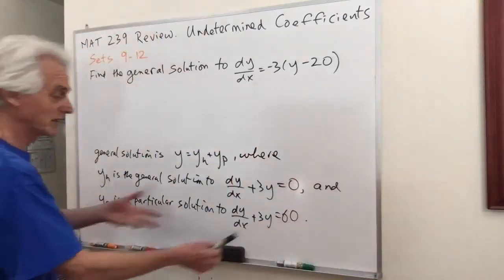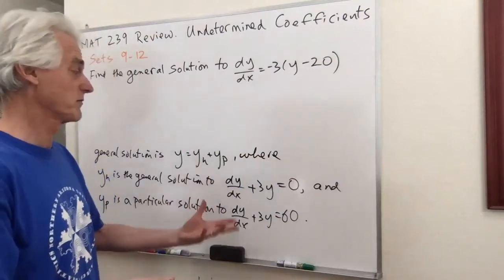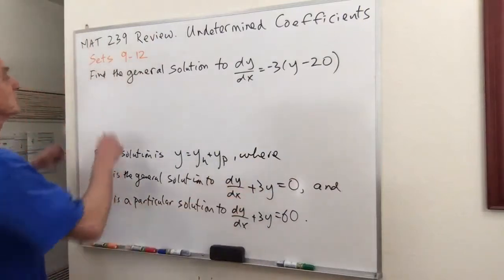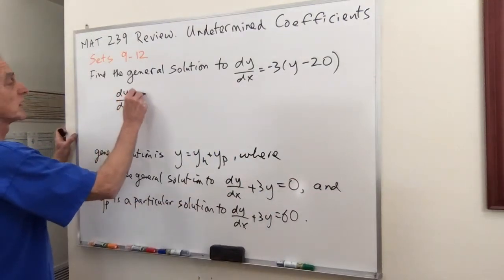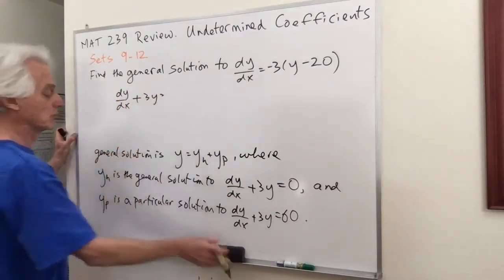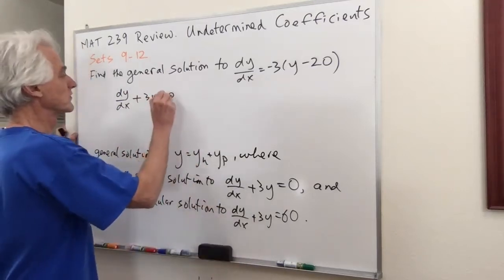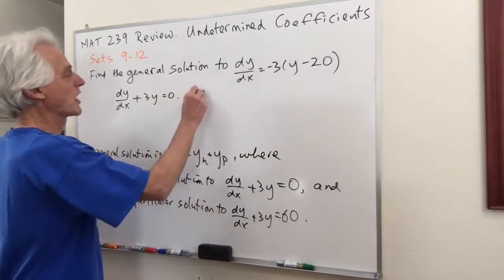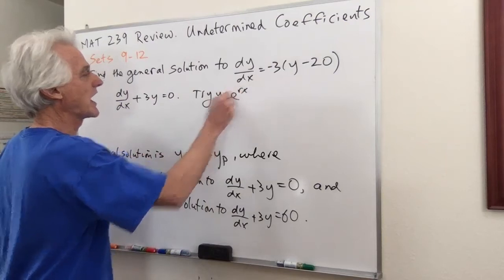I'm not reviewing it really thoroughly, but at least I'm doing bits of all of them. How do I solve dy/dx + 3y = 0? By these methods, there are lots of ways, but we try y equals e to the rx.